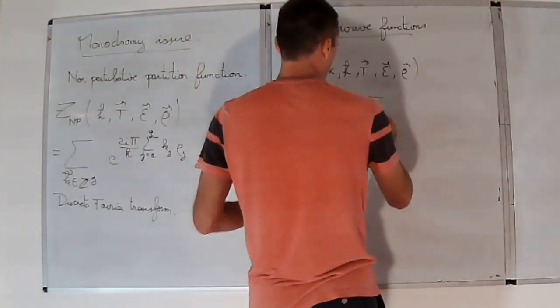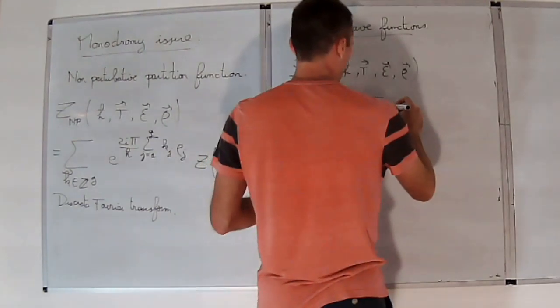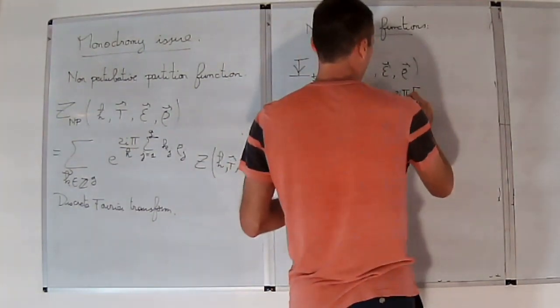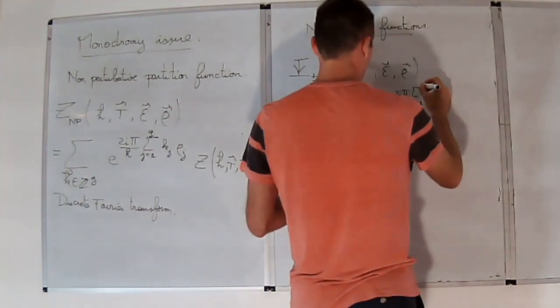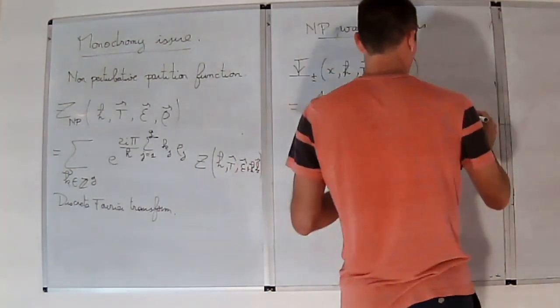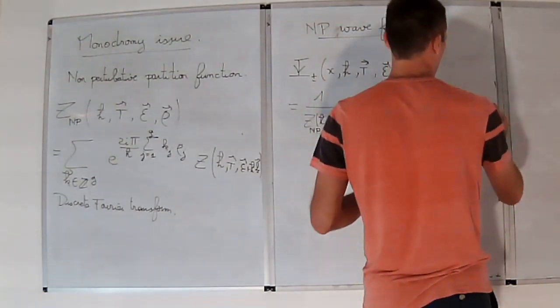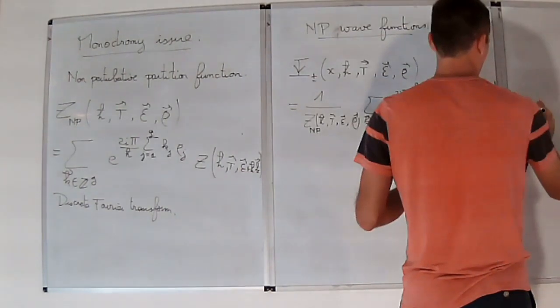And again, a discrete transform, 2 i pi over h bar, sum over j, k_j, and then here you have the perturbative one, h bar t.